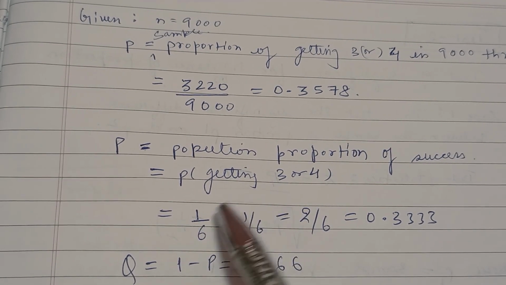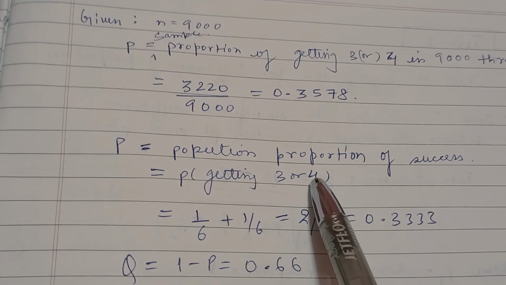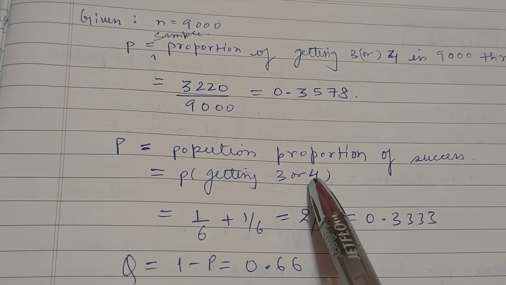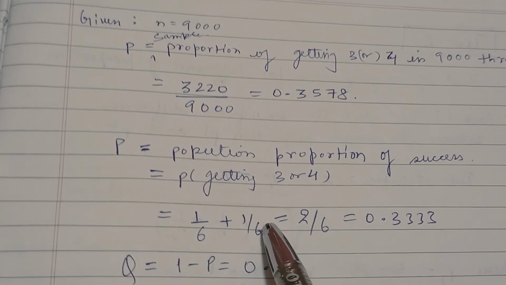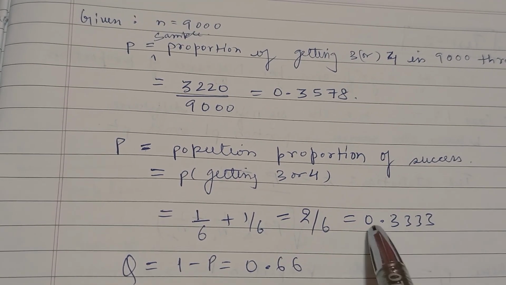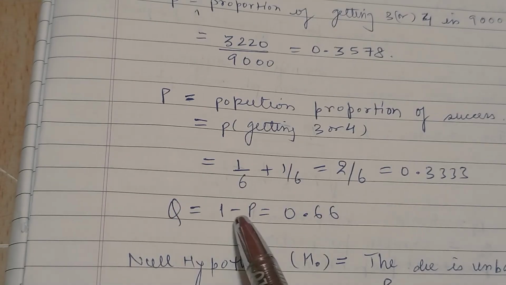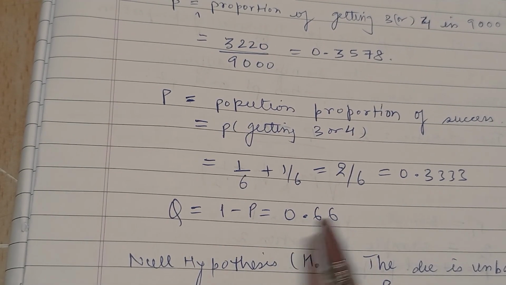Total number of faces is 6. Or is always denoted by plus, so plus 4: there is only one face of 4, so 1 by 6. So 2 by 6, that is 0.333, or you can write 0.34. Capital Q is 1 minus P, that is 0.66.